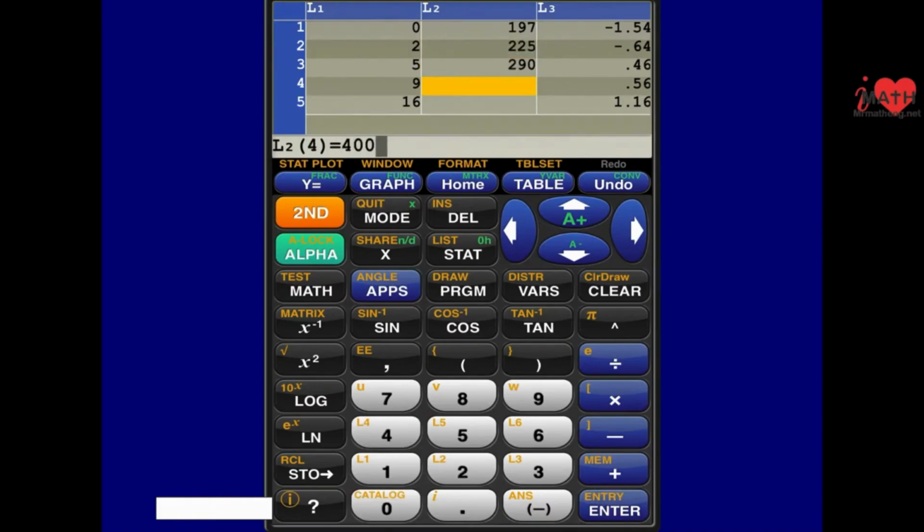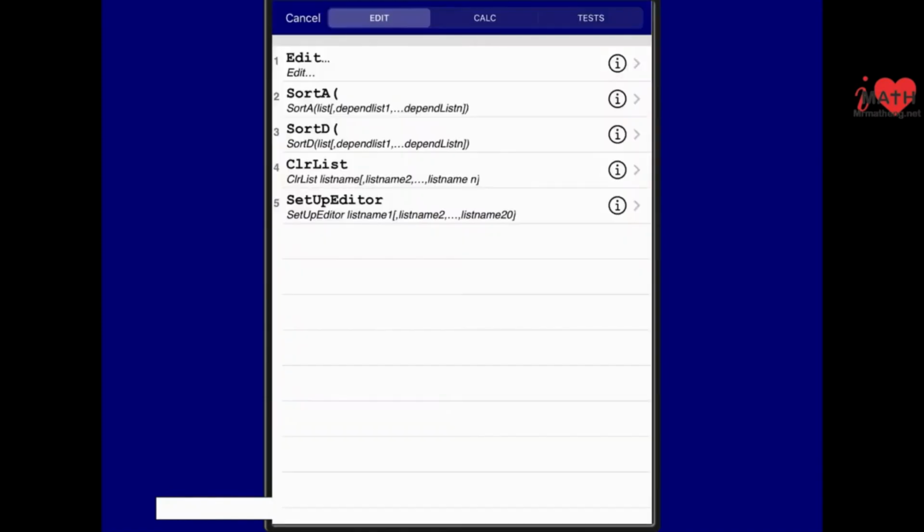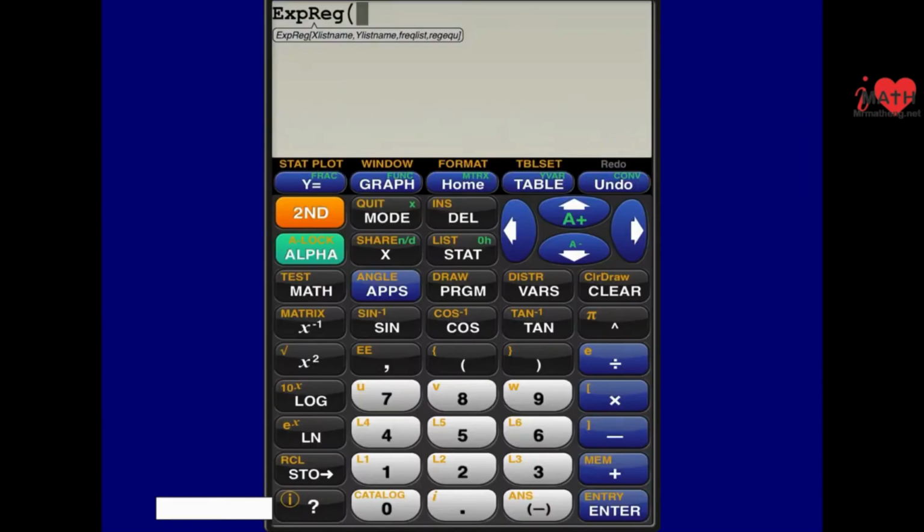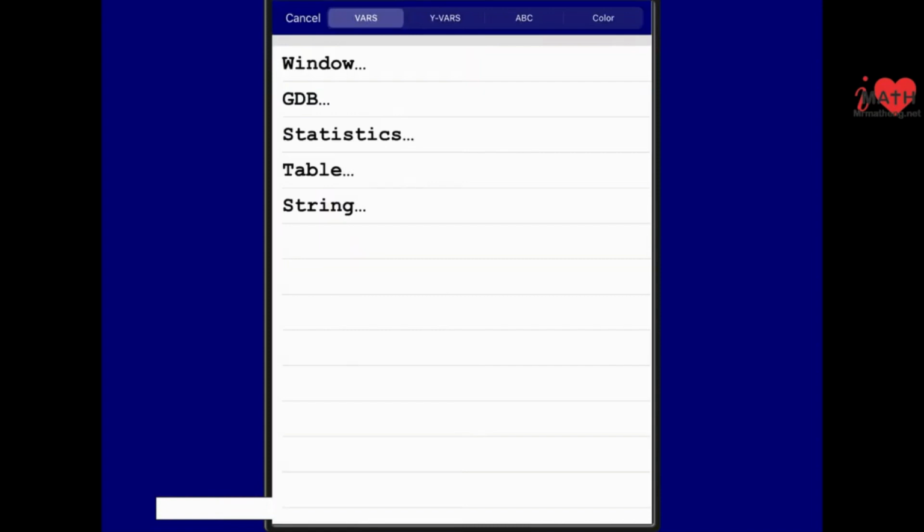Remember, they're kind of telling us to use the exponential, but if you use the residual plot and coefficient of determination, that would help us figure out if it's linear, quadratic, or exponential. Now I'm going to press stat, calc, and then I'm looking for exponential regression, which is A. Then we're going to do our second 1, second 2, comma 1, comma, vars, y1.